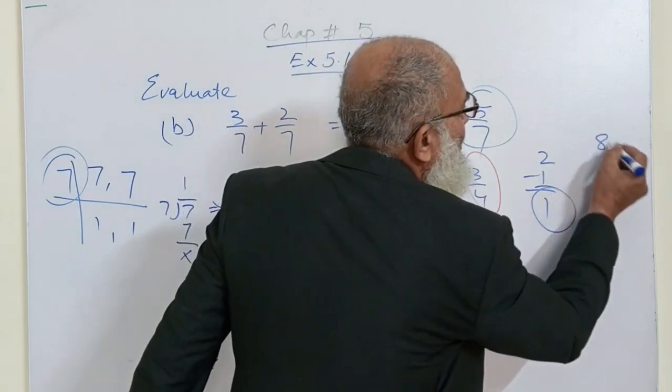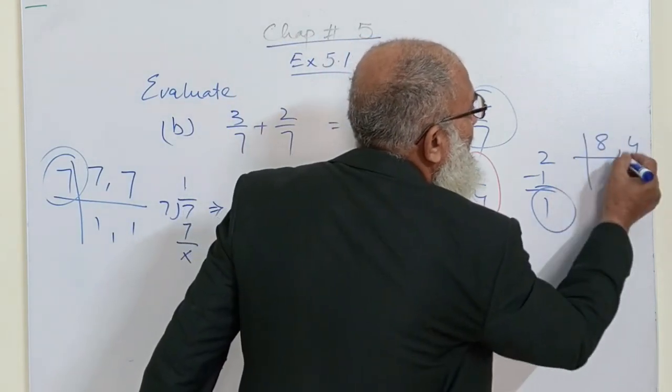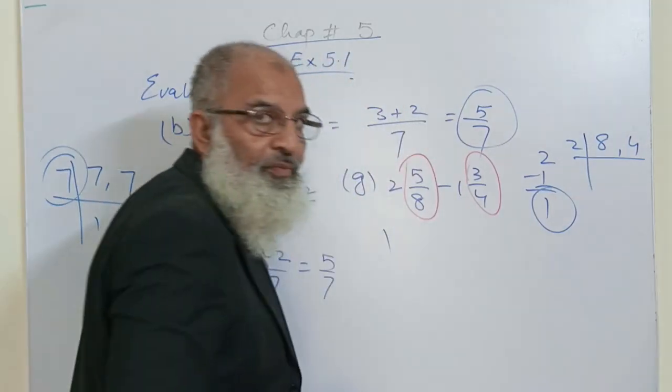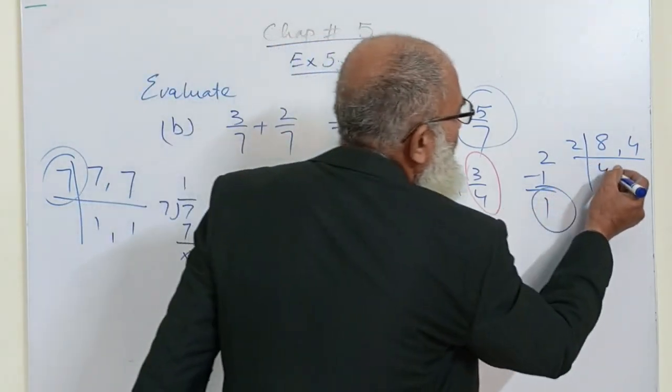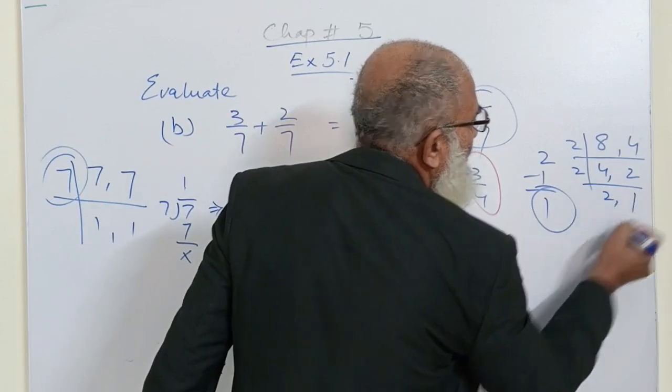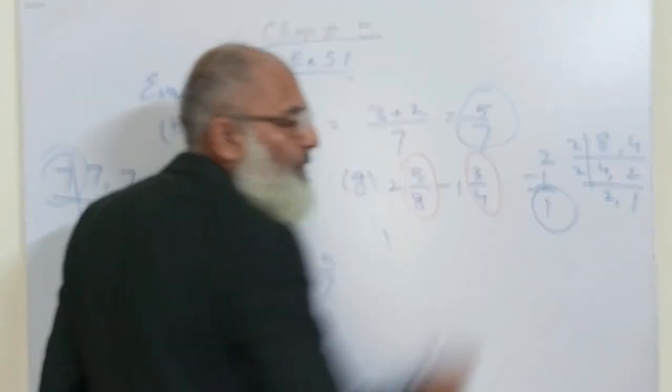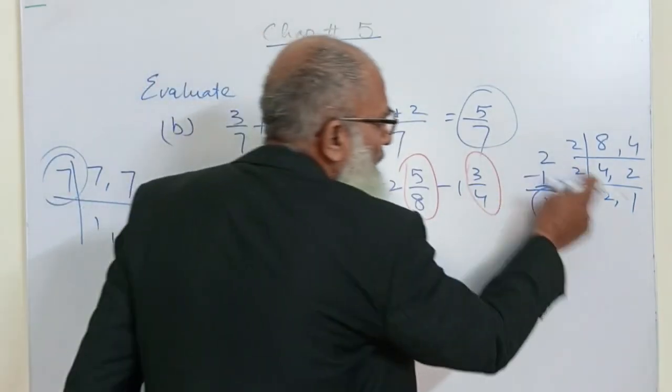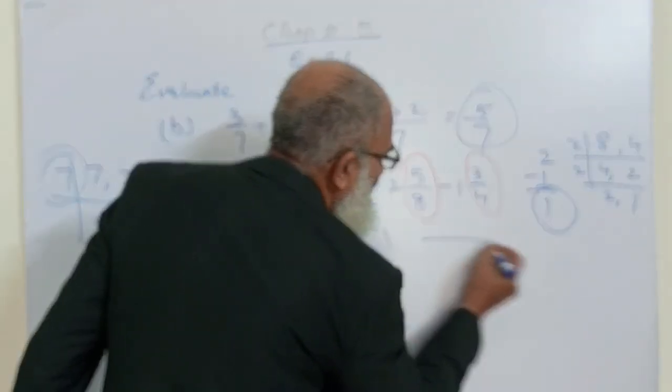8 and 4 2 times. 2 times 2 is 4, 4 times 2 is 8, so it will become 8.